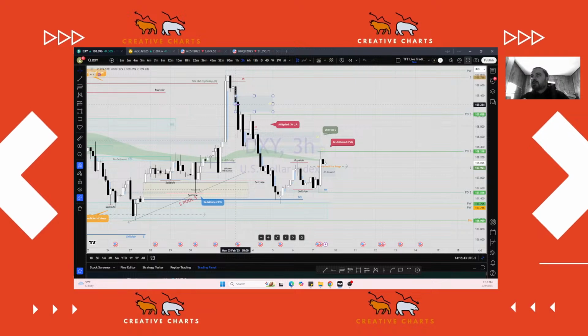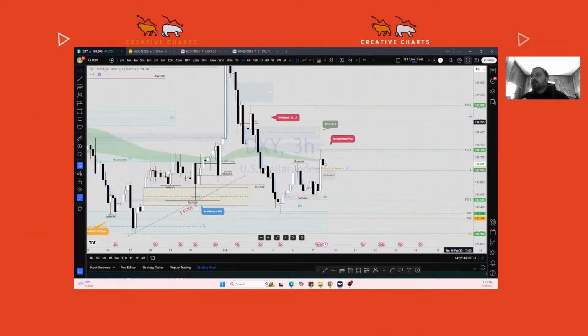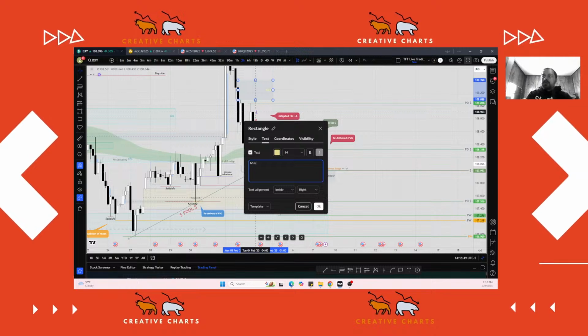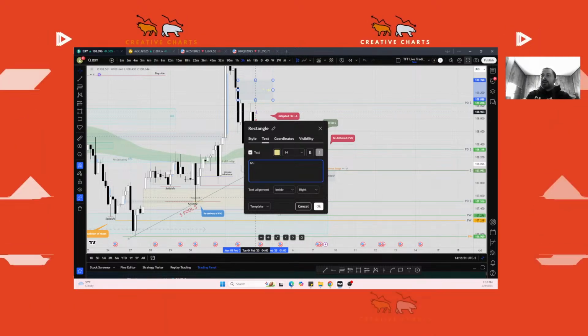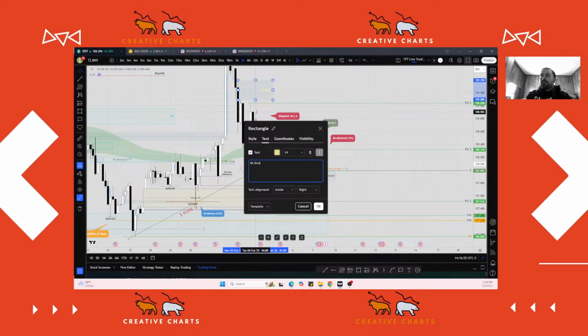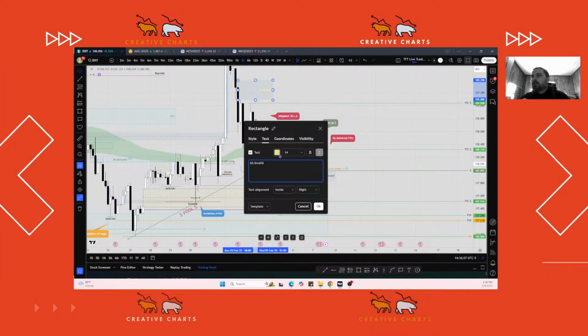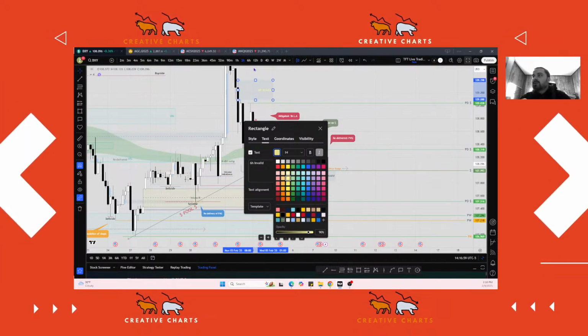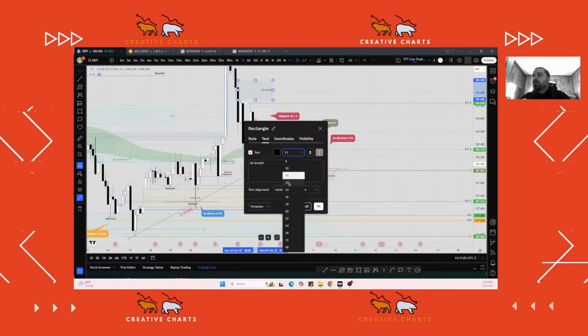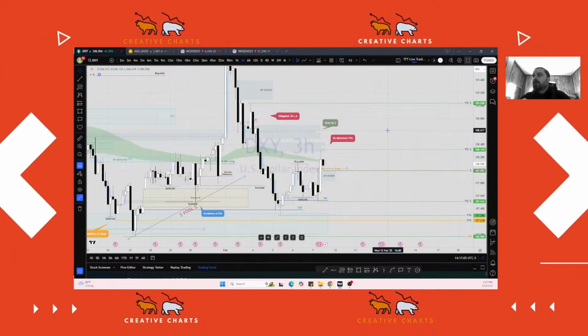Same thing, why this looks to be invalid to me. Same concept. I do not see a double tap, a similar pattern on the lower time frame. So it kind of just makes me a little bit wary of it.